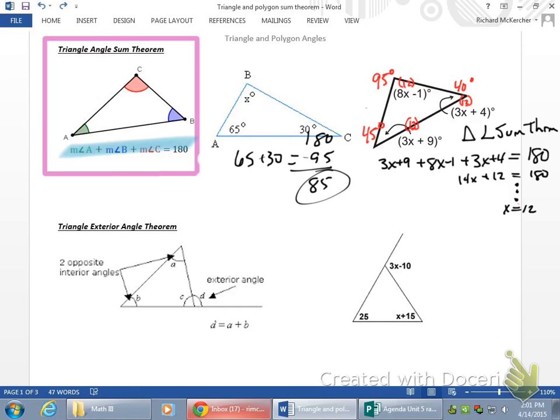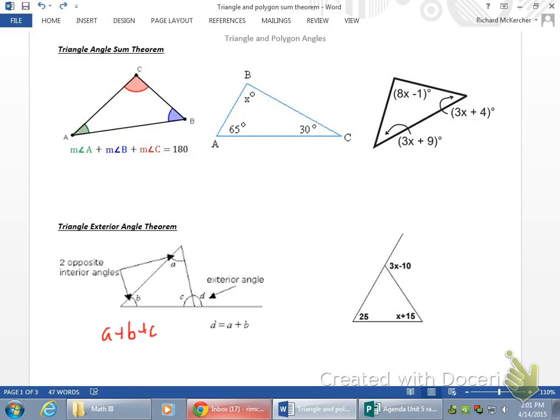Okay, the next one is going to be the triangle exterior angle theorem. And on that one, I actually have a little bit of a proof here. First, I mentioned that A plus B plus C has to equal 180. That's our triangle angle sum theorem from above. I also know right here that C and D together make a straight line. So that's our supplementary theorem that we wrote down and practiced with yesterday.